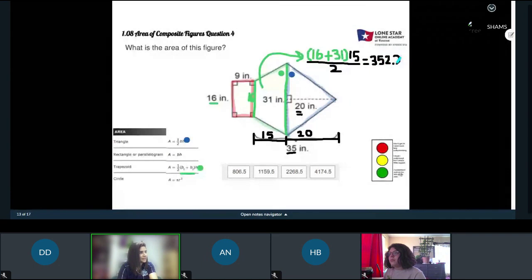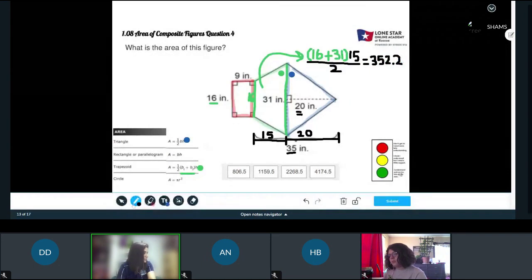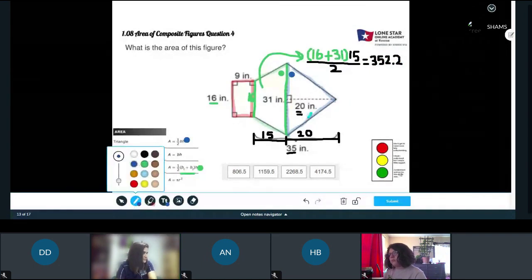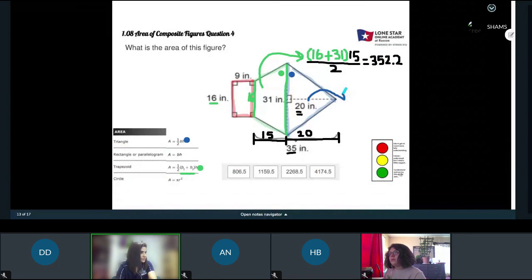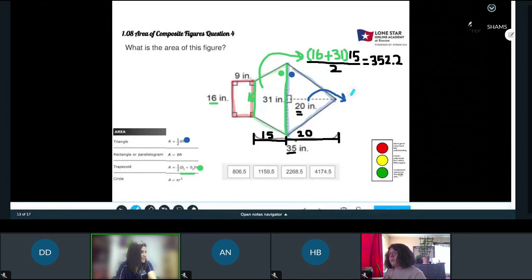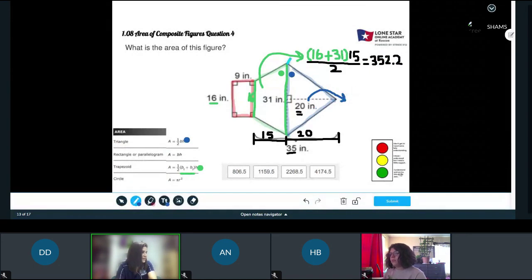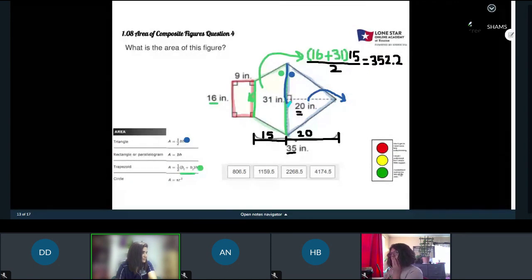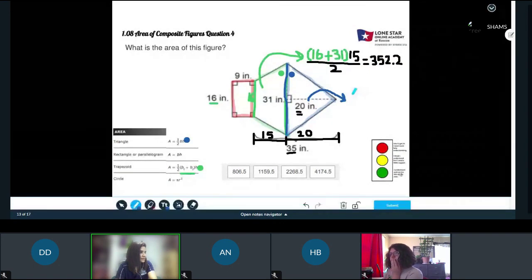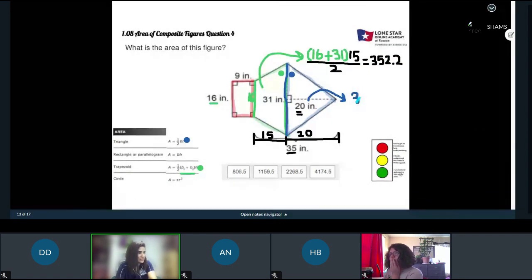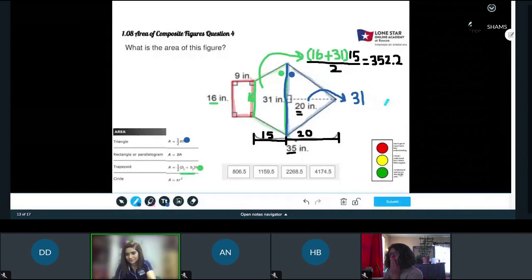Then I'm going to go find area of the triangle in blue color. And area of the triangle, base times height. The base of the triangle is 31. Height of the triangle is 20 as given in the image, right?